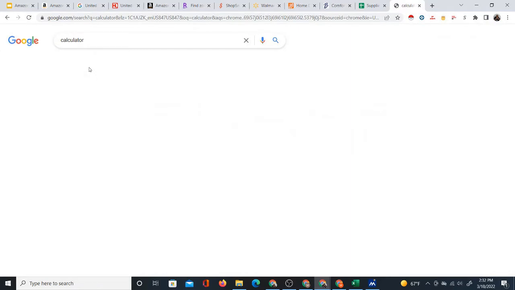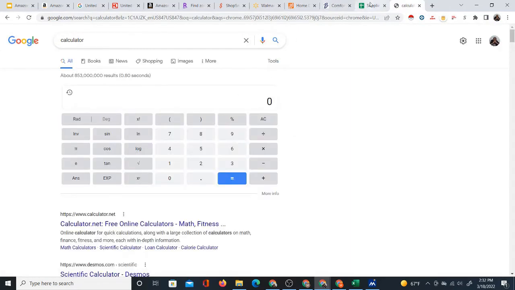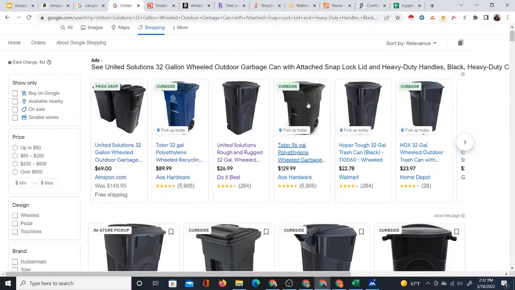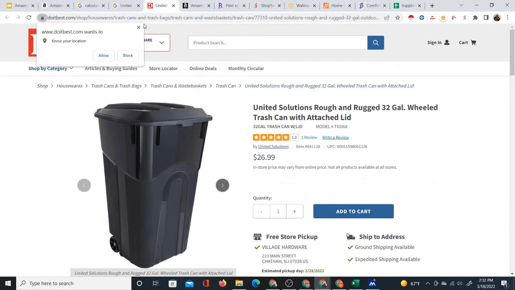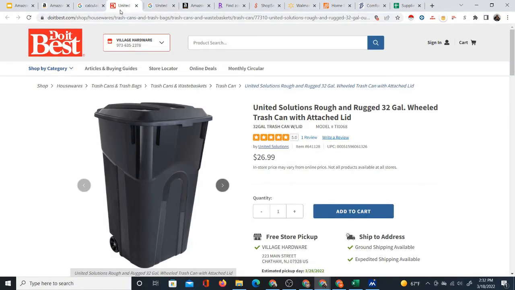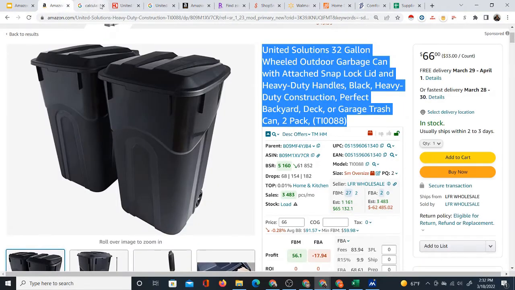Let's type in calculator. Bring that over here, and I see that on this site, and I'm just doing a general estimation. It's $26.99. So basically what I'm going to do first of all is calculate my cost, right?